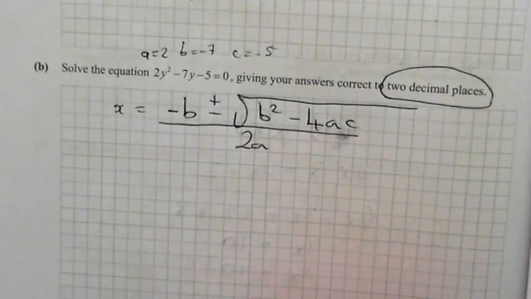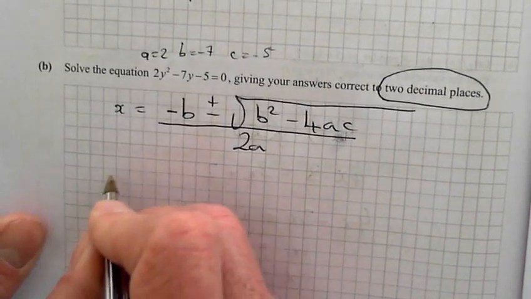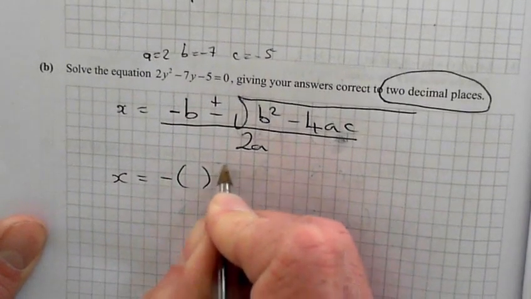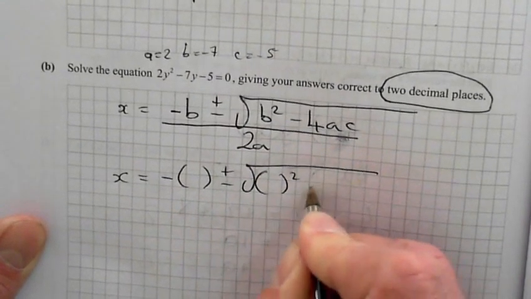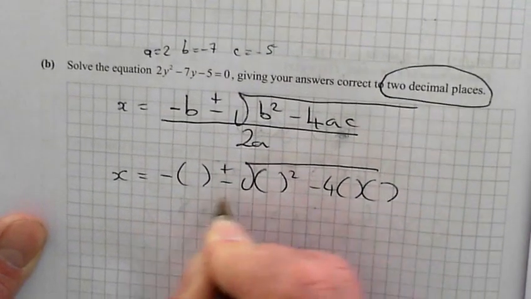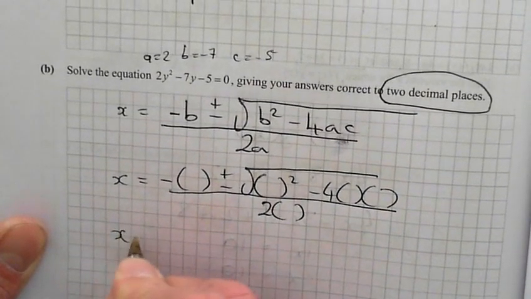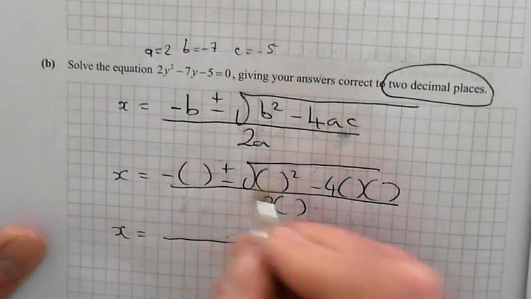What I always tell people to do is rewrite the equation, but replace all the letters with brackets first. Now fill in the values.